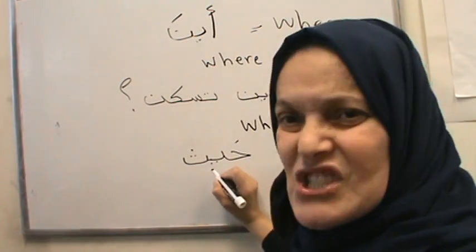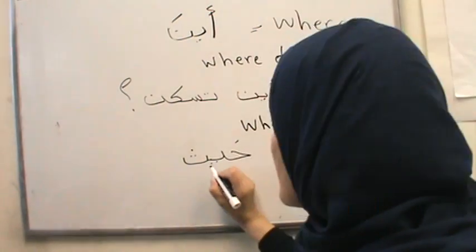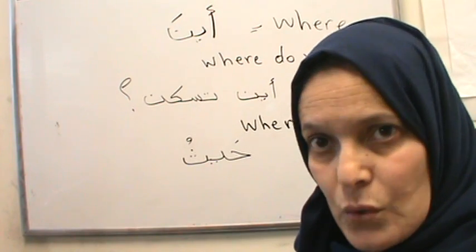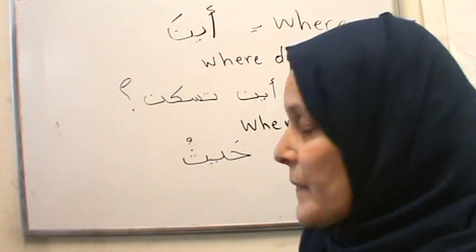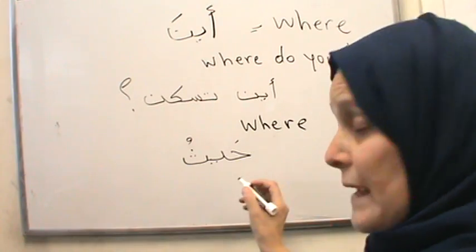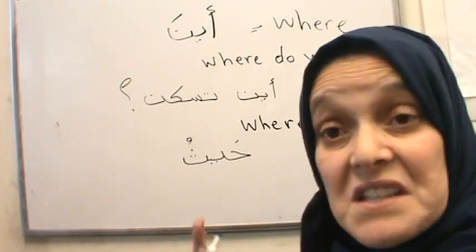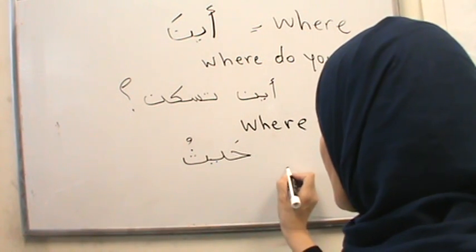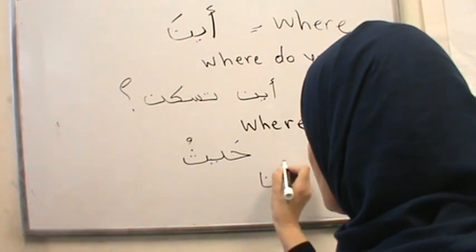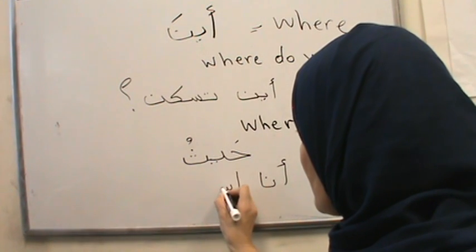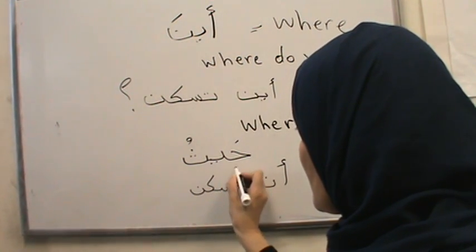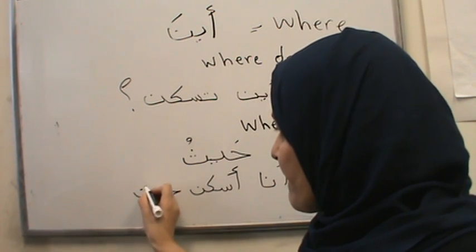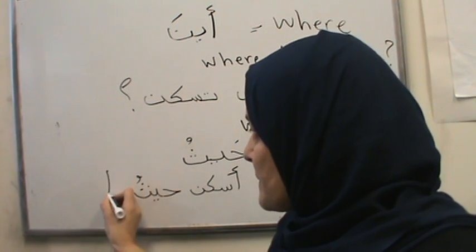Ha, it's a strong H. حيث, with a th. I can give you an example, since it's not a question, but it's a where in a statement. أنا أسكن حيث أدرس.